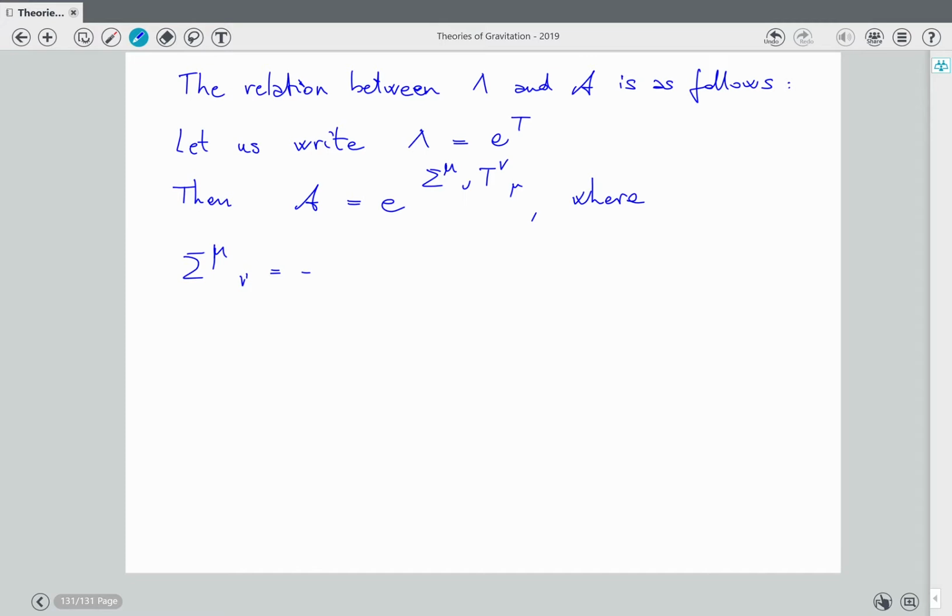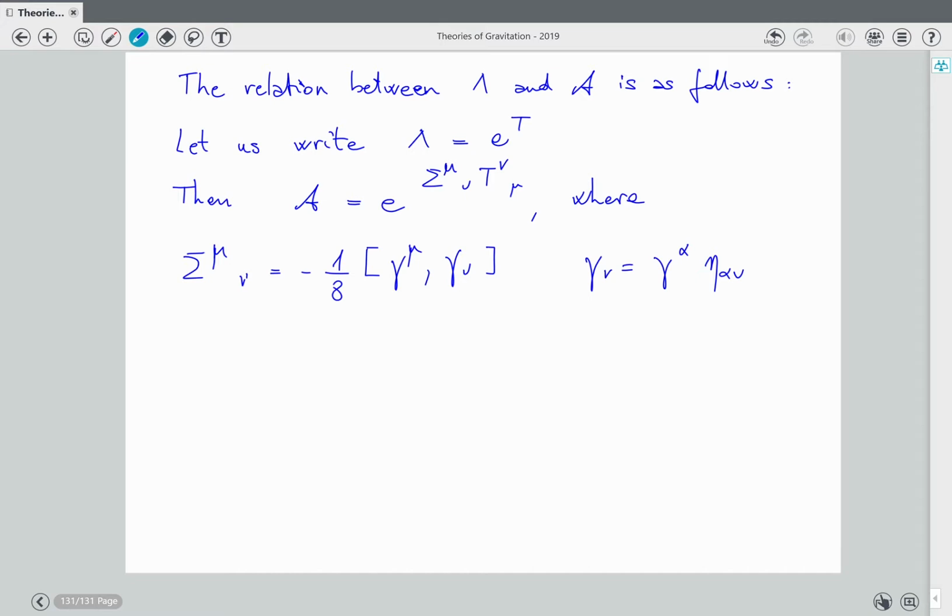It's minus 1 divided by 8 commutator of gamma mu, gamma nu. And gamma with lower index is just gamma with an index lowered by means of the flat space matrix.